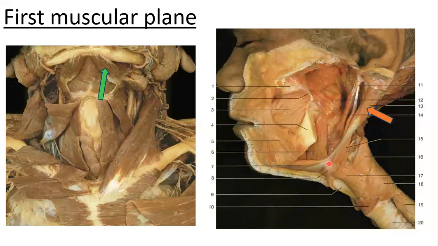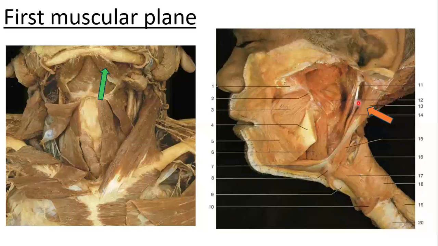This intermediate tendon is usually held down at the junction between the greater horn and the body of the hyoid bone. At that point, we have some fascial sling, which is derived from the investing layer of the deep cervical fascia. So that is what usually holds the intermediate tendon in place.